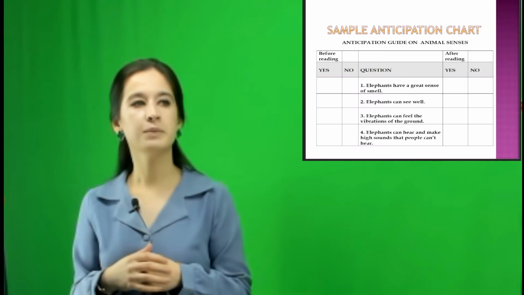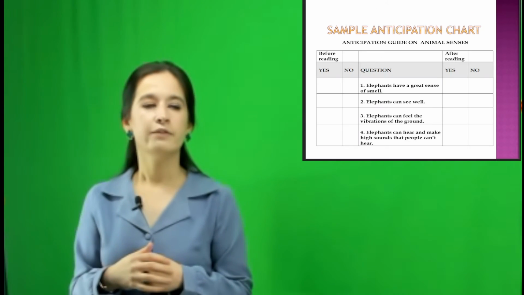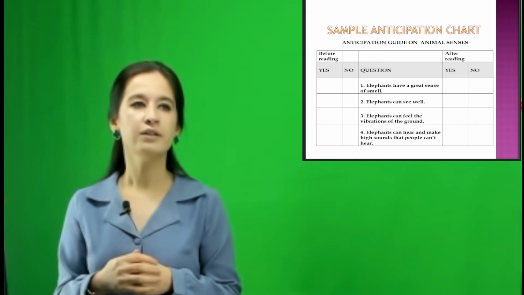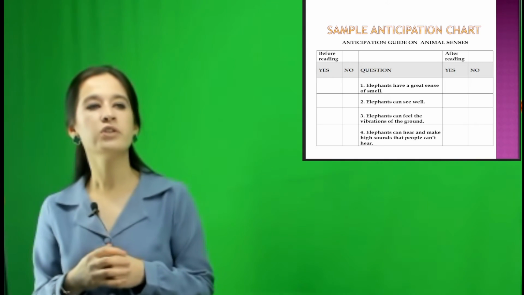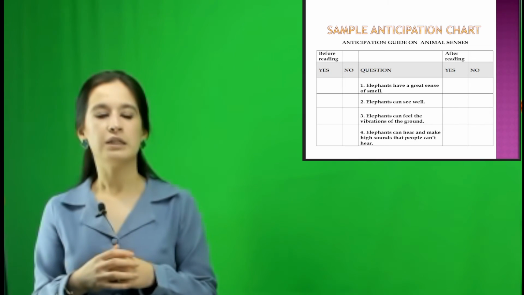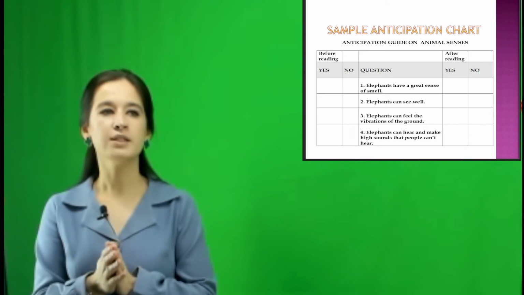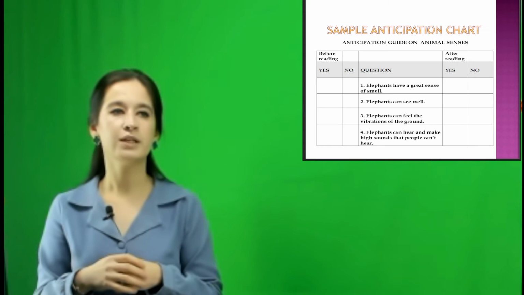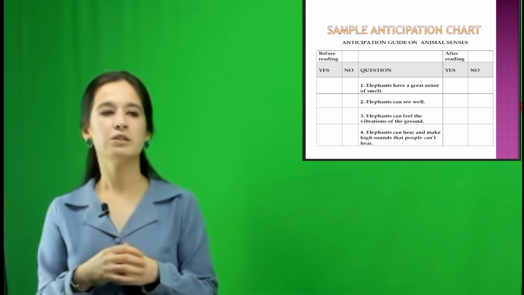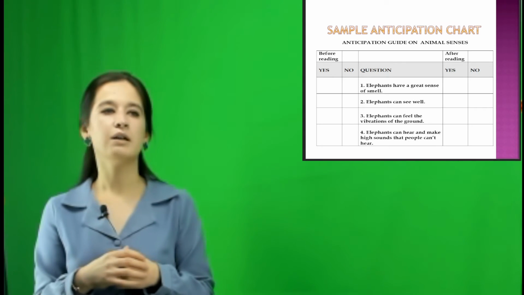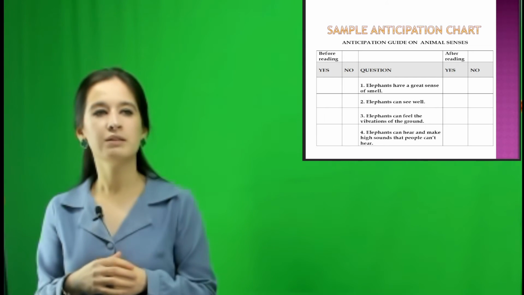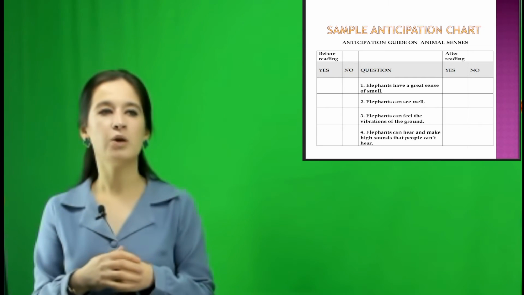Well, next slide, please. It is a sample of an anticipation chart. This anticipation chart is used before and after accomplishing a particular task. For example, let our task be reading, and in this task, students are expected to read a passage about elephants.